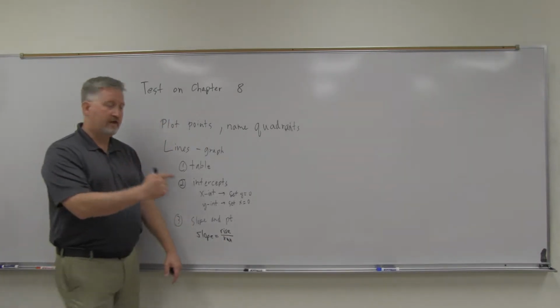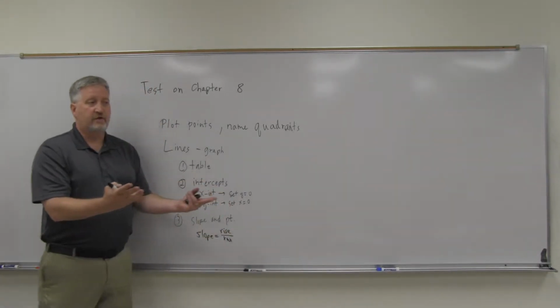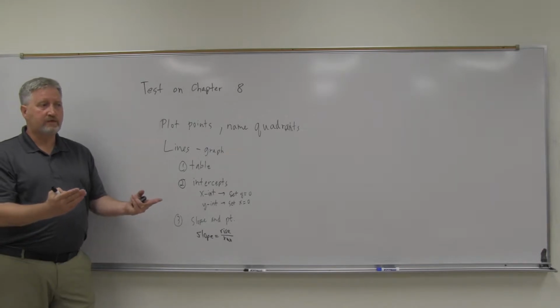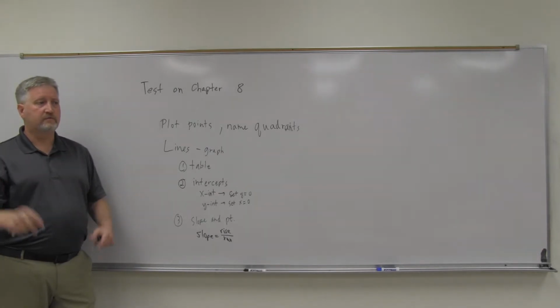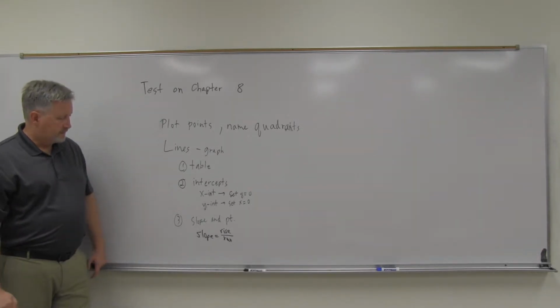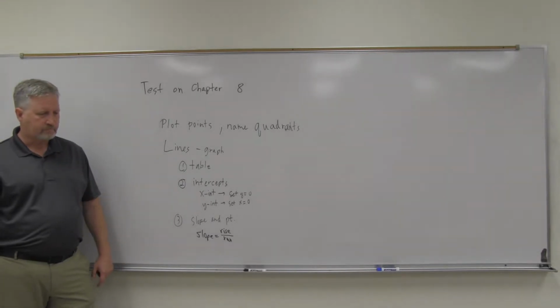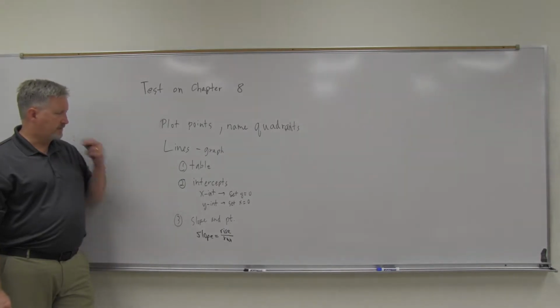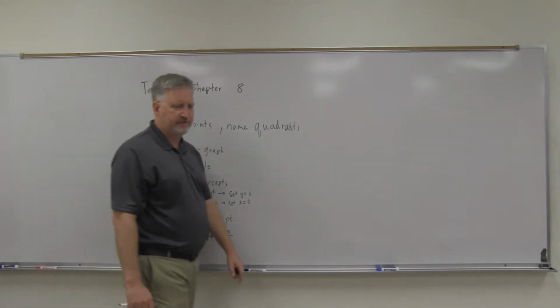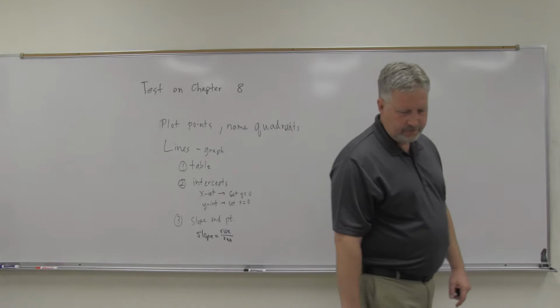So you go to that point, and then say the slope was 3/2. You would rise 3 and run 2 from that. So probably graph a line that way too. And we'll talk about some others, but that was from the section 2 we did.